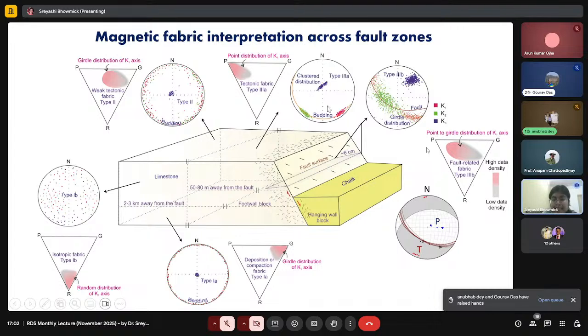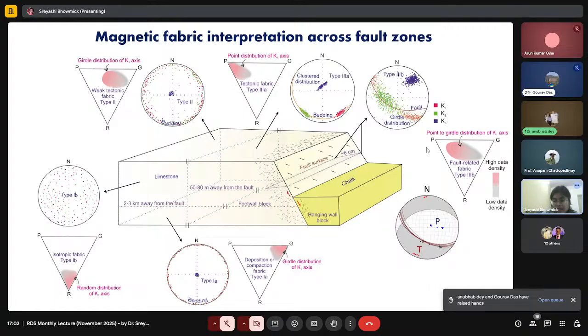Now, how is it related? Basically, in case of triaxial state of strain, we will get this kind of orientation. So if we look at the fault plane solution here, this is the compression field and this is the tension field. So in this field, we should have the maximum compression axis, which is sigma 1.